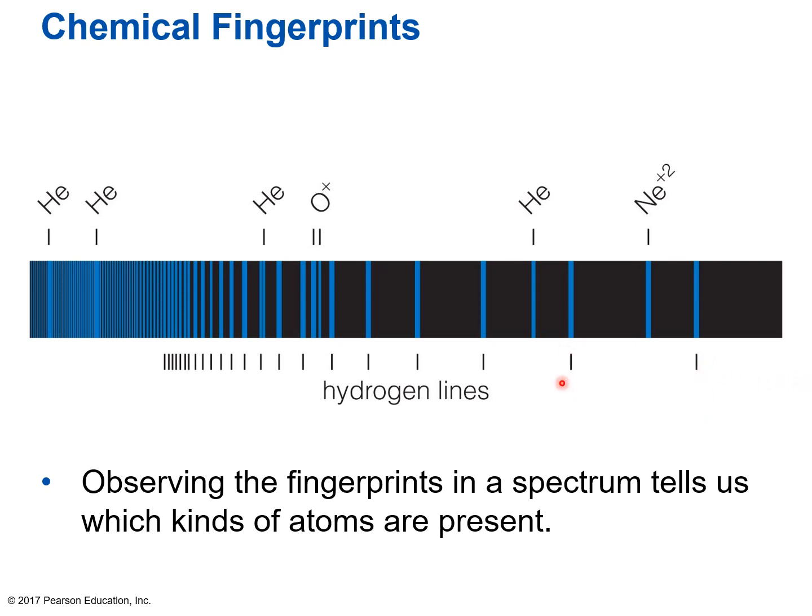So here we have hydrogen lines, again in the ultraviolet, and some helium lines. They are labeled up here. But look at this. These two lines right here in the middle, not just that they are oxygen lines, but they are oxygen with a +1 charge, so singly ionized oxygen. And look over here on the right, not just that this is a neon line, but it's the specific line that exists in doubly ionized neon.